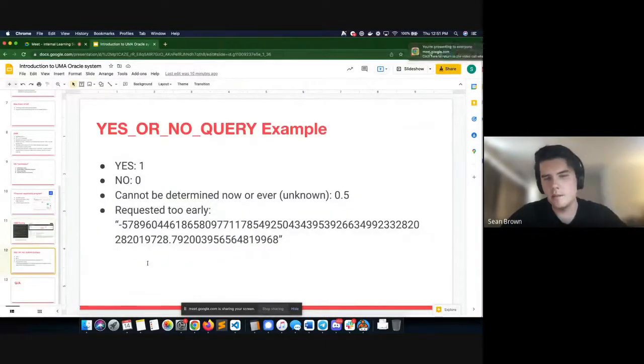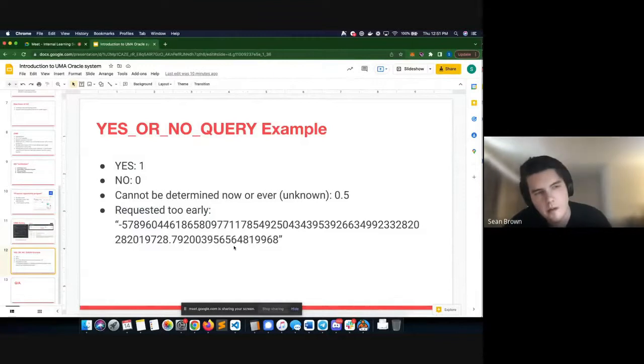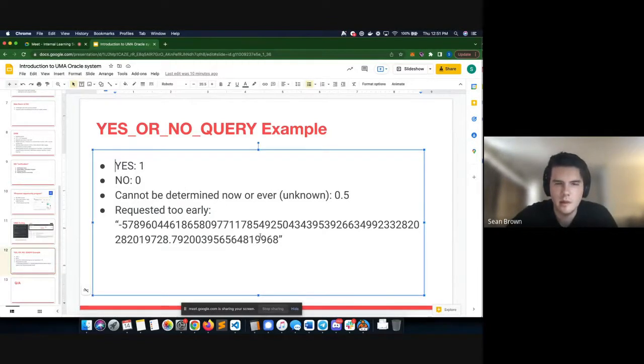Yeah, and then just because this is good to know for today's vote, for yes or no queries, there are 4 possible outcomes. There were questions about this in Slack yesterday.